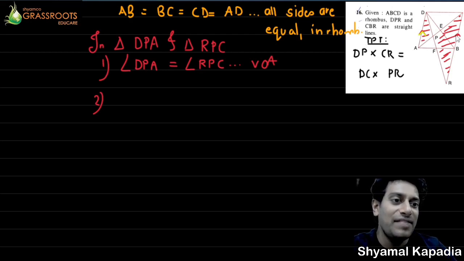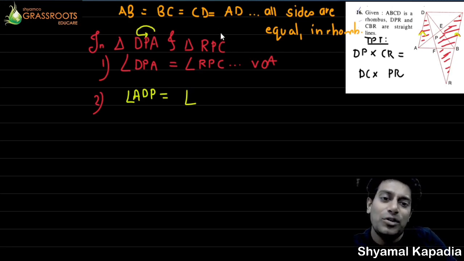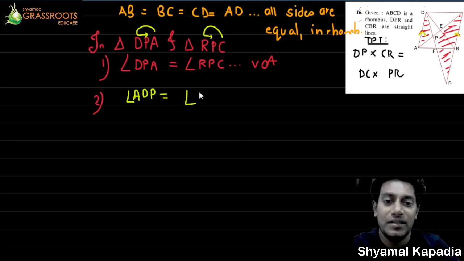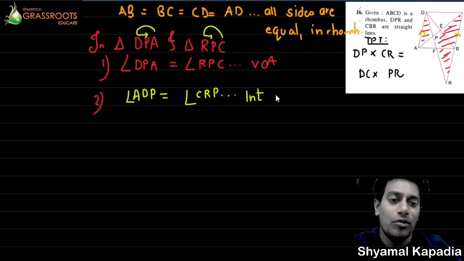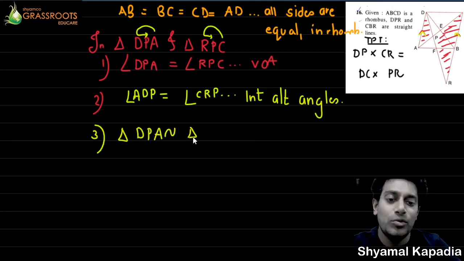So I can say angle ADP is equal to angle CRP, and the reason is interior alternate angles. And now can I say, therefore by angle test, triangle DPA is similar to triangle RPC, and the reason is angle test.